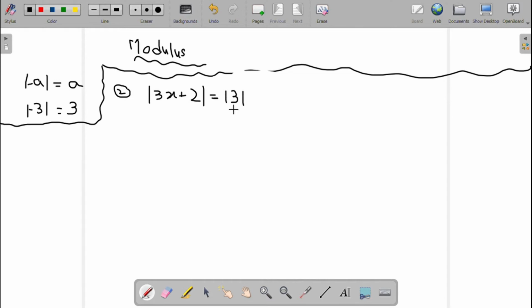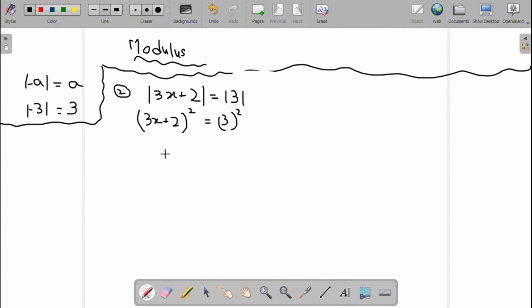Now here on both sides we have the mod, so we have to solve for x. When we remove the modulus from both sides, we have to take the whole square on both of these sides. In this case it will be 3x plus 2 the whole square equals 3 the whole square. Now we will solve it for x.